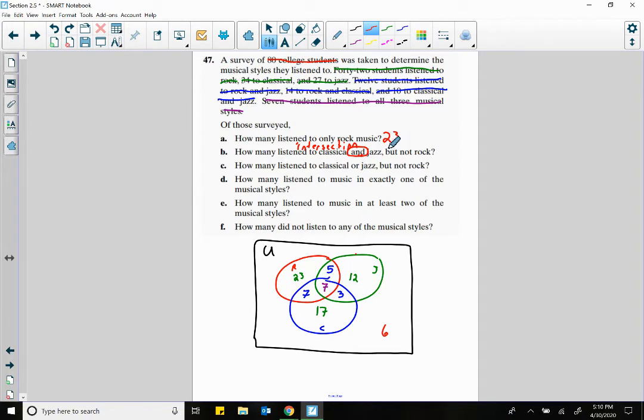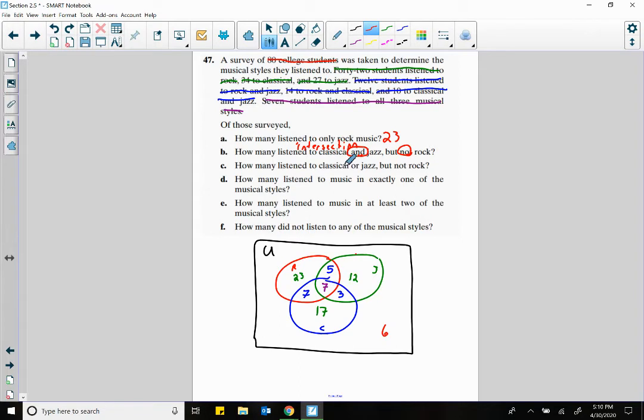But it gave us an extra stipulation. Right here it says not rock. So that means they want us to throw out between the 7 and the 3 any number that has rock in it. And the number that has rock is the 7. See how the 7 is in my rock circle. Okay? So between these two numbers, we throw out the 7.